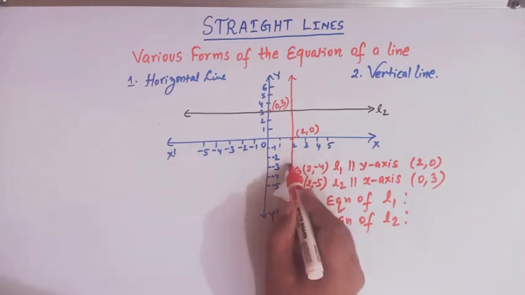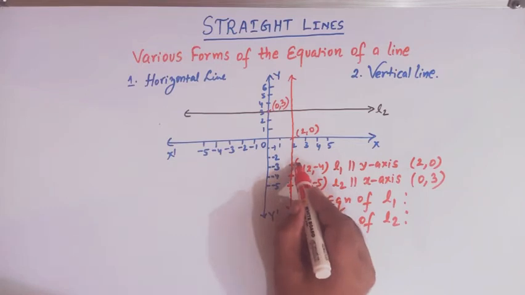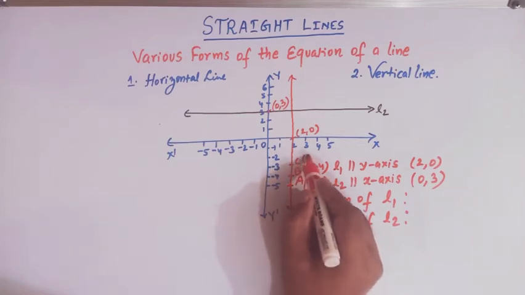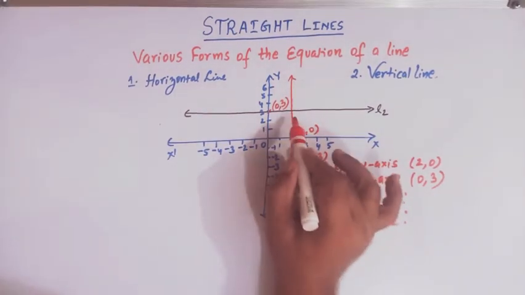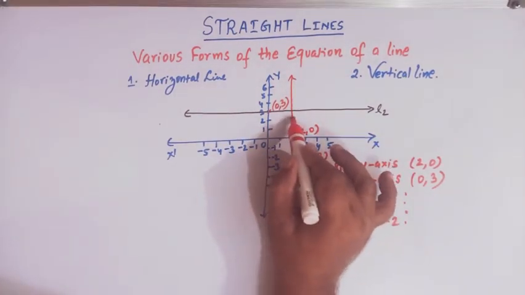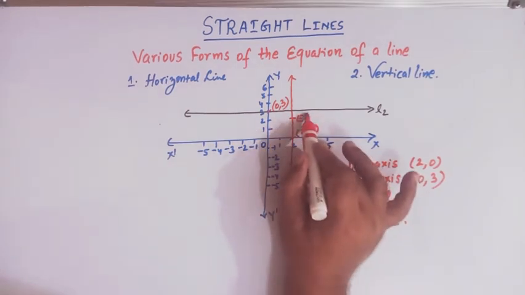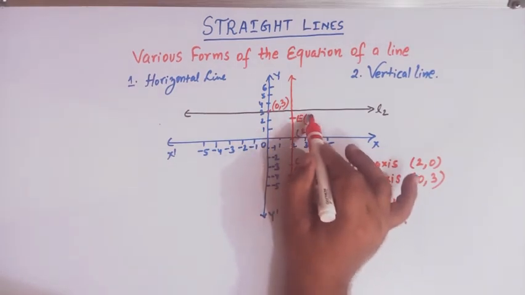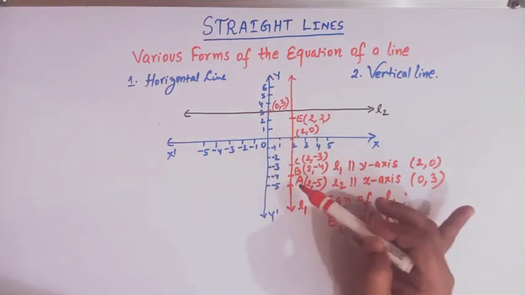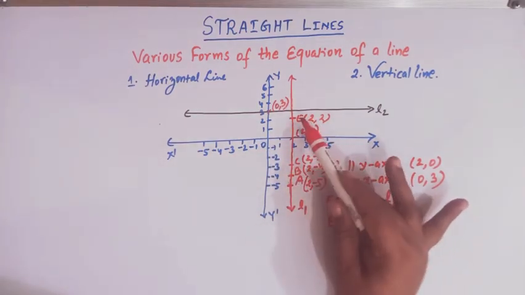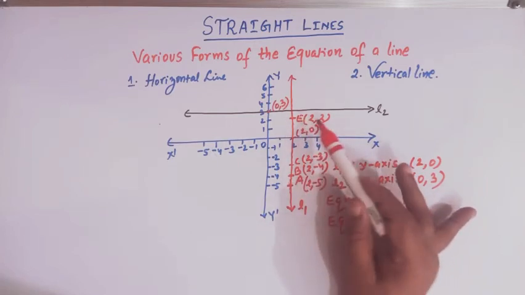Let us take a point C here. Now the coordinates of this point C are 2, -3, and so on, right? Similarly, if we take a point here, say this is E, the coordinates of this point E would be 2, 2.